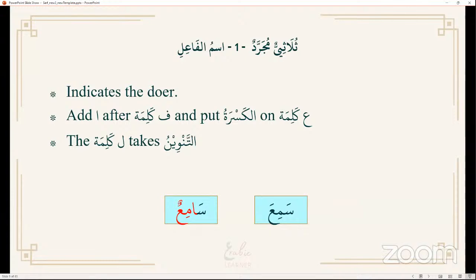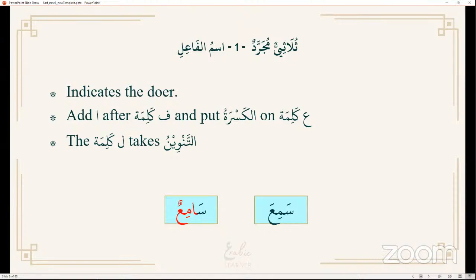When I was talking about fa'il in Jumla Fi'liya, what is the condition for fa'il? That is always marfu'. It will never be sami'an, it will never be sami'in. So there is a difference between Ismul Fa'il and the fa'il itself.